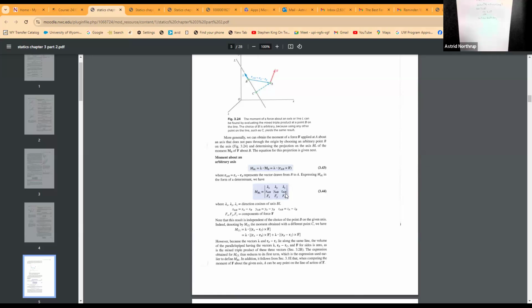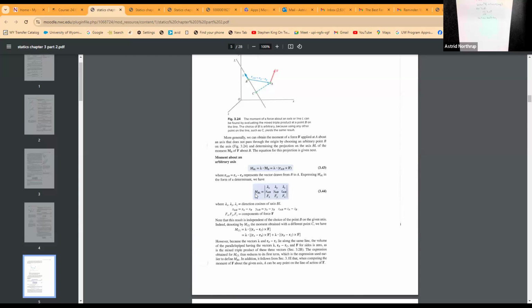Now, they do all kinds of interesting and less than practical things about rotating on an axis, but that is a practical application. So if you look at the symbology, first of all, it says M sub BL is equal to some lambda terms, some x, y, z terms, and some F terms, right?